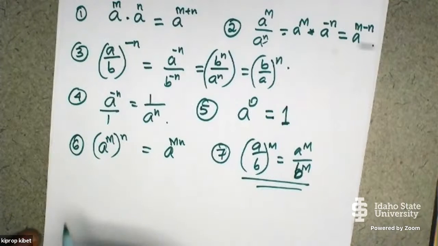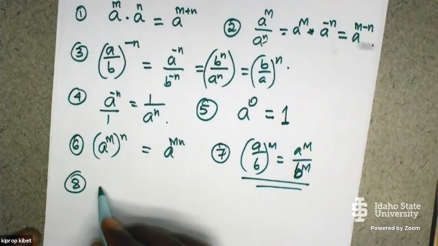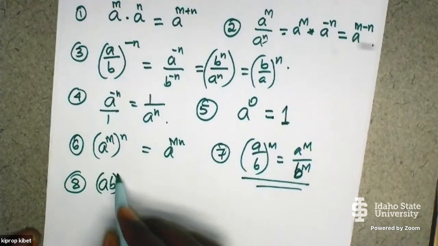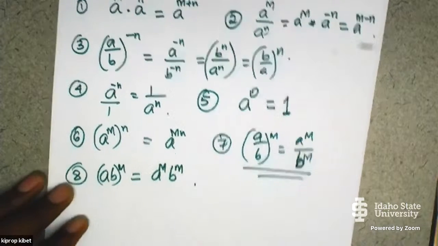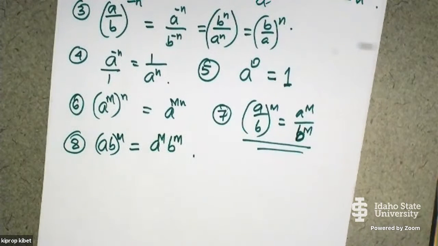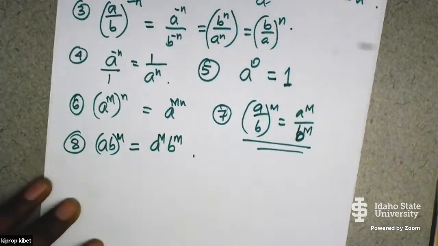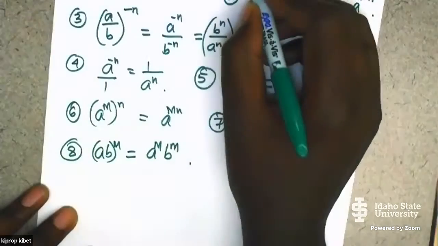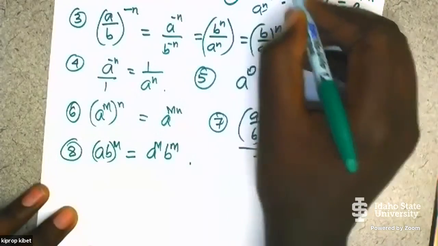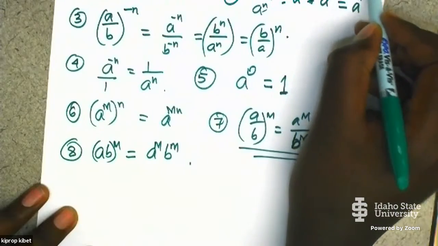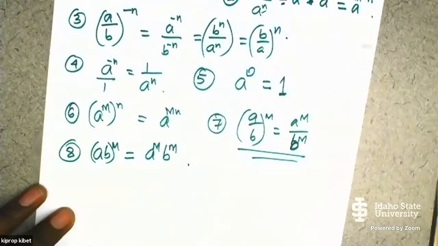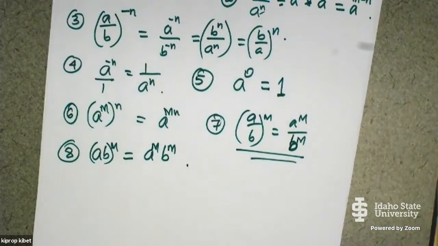And then number 8, ab raised to m is equal to a raised to m times b raised to m. So those are the properties of exponents. Any question?